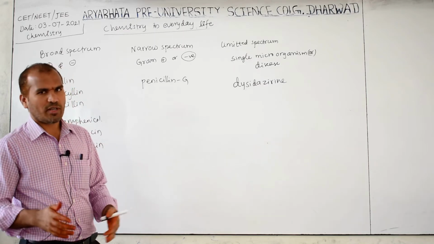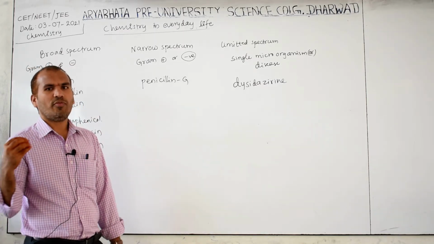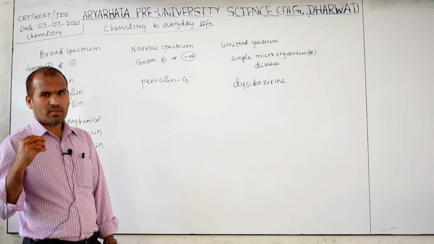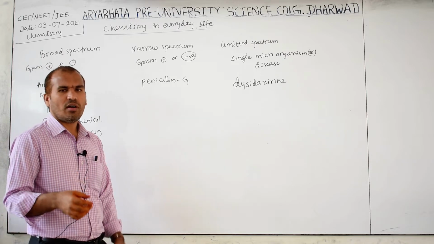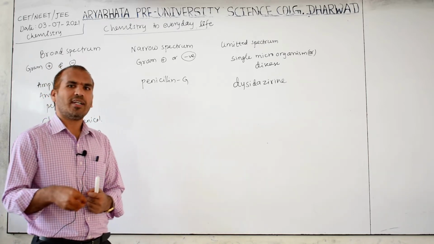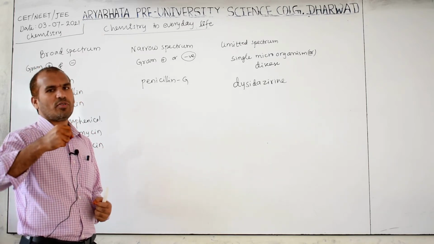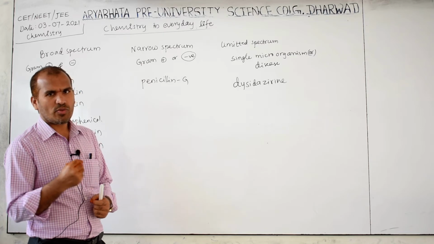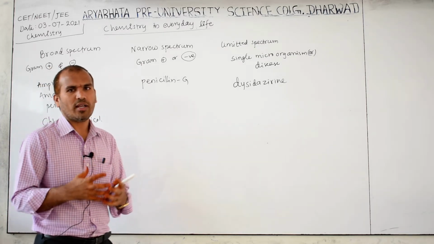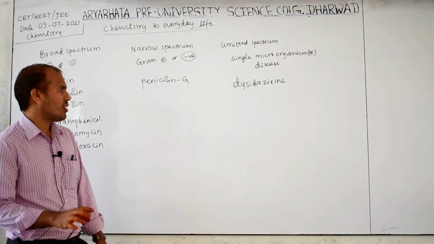If not affected, you can administer it, there is no problem. If you have a severe fever or a wound not healing properly, penicillin may be given. First check whether you are sensitive or not, and only then take the penicillin injection, otherwise no.